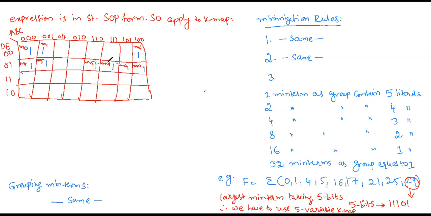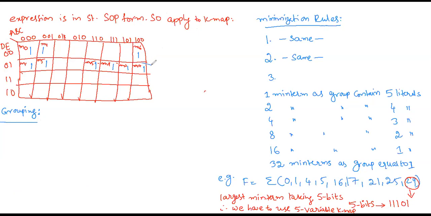Now, after applying to the K-map, next is grouping the minterms. In grouping, cells with adjacency, or groups of cells with adjacency, should form a group, and we need to look for forming bigger groups first.